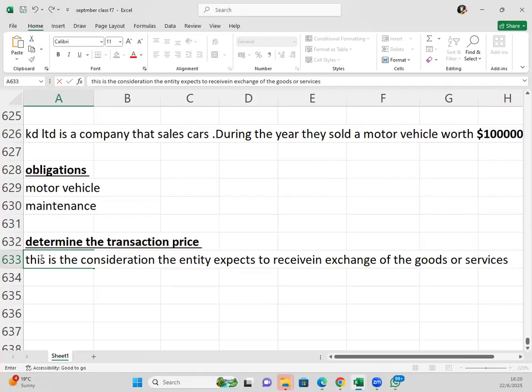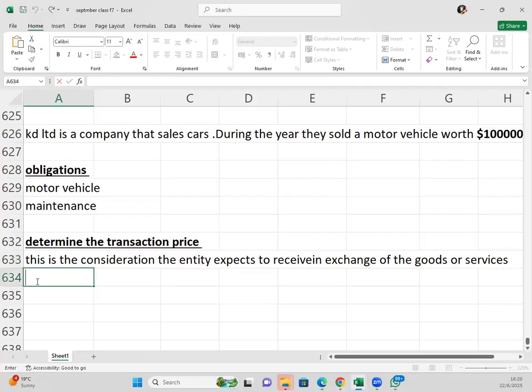How much are we going to receive in exchange of goods and services? So the transaction price can involve what is to be paid now or what might be paid later.